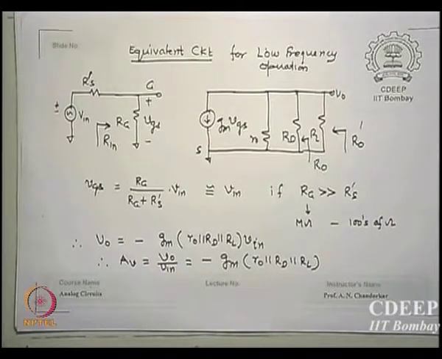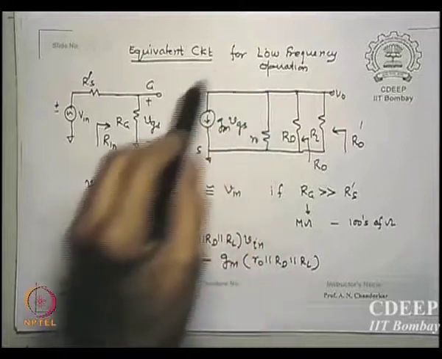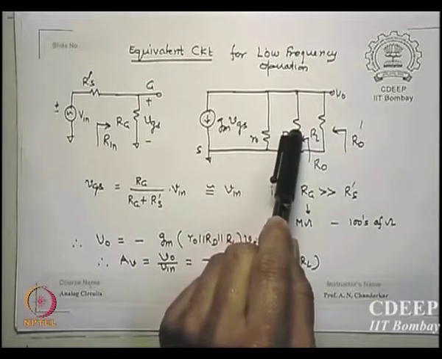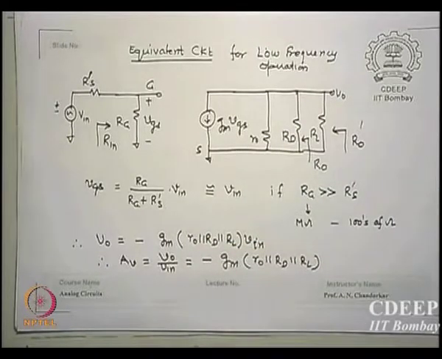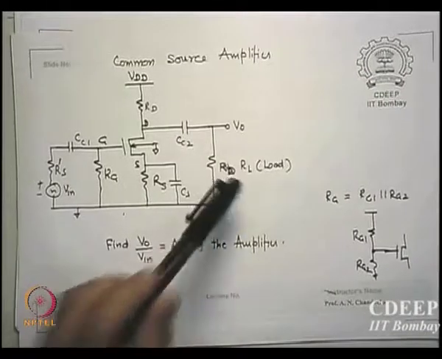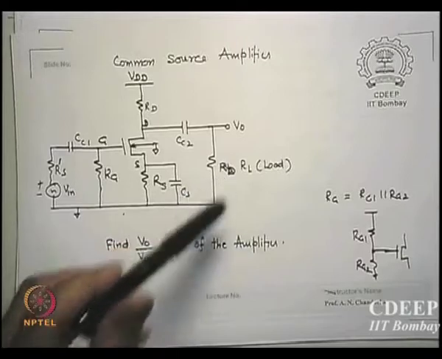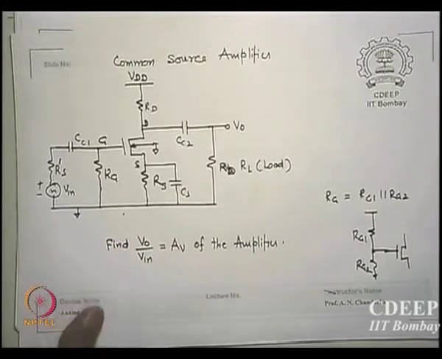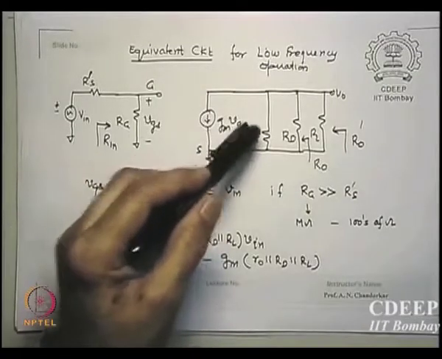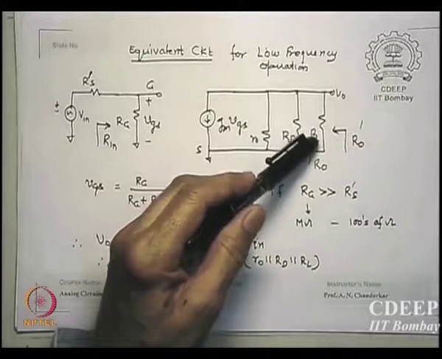So this is actually the equivalent transistor source GMVGS parallel R0. What is this RD? RD is the drain resistance which we have put there. And what is this additional RL I am showing you here? This is an external load which I do not know, this may be coming from the external side. So that is my actual load RL. So if I show you now, it is R0 parallel RD parallel RL.